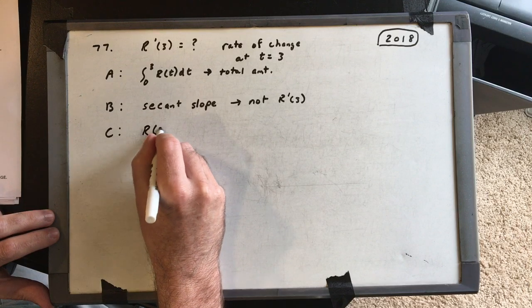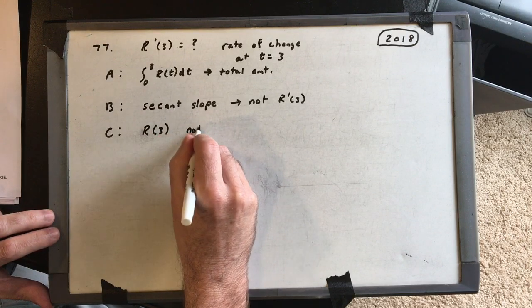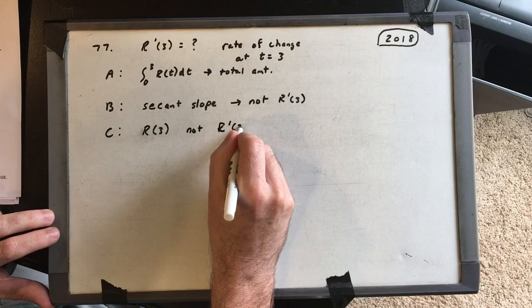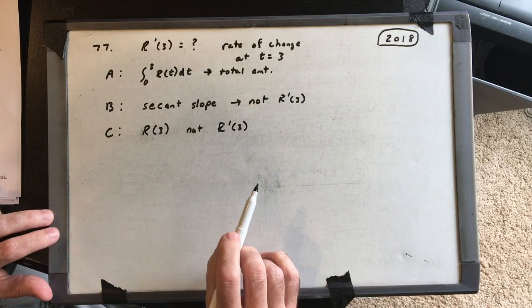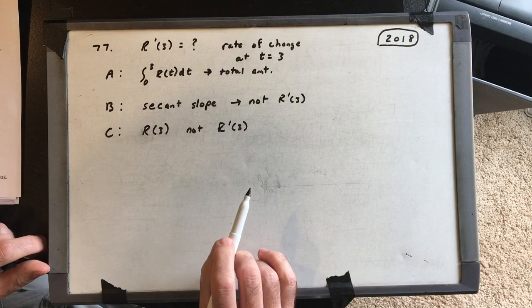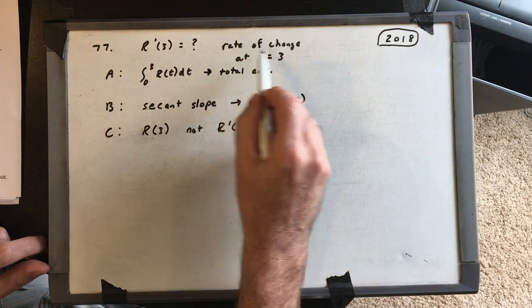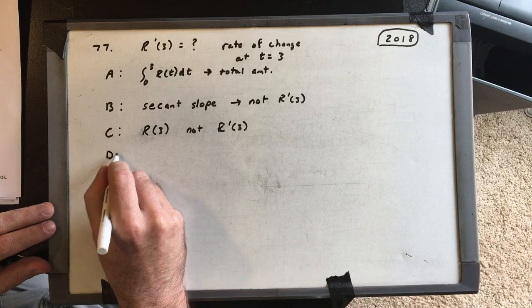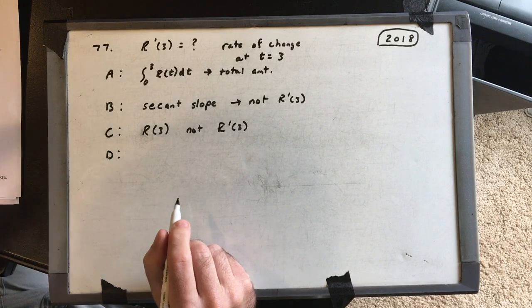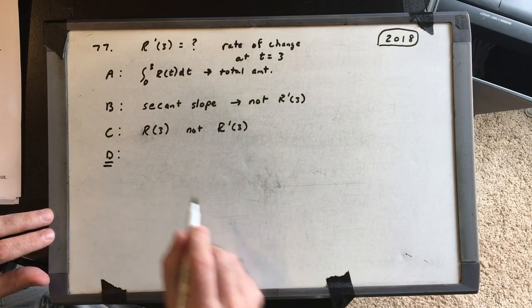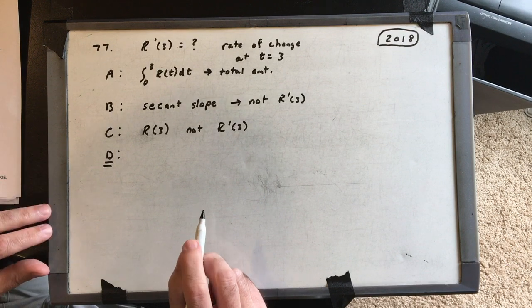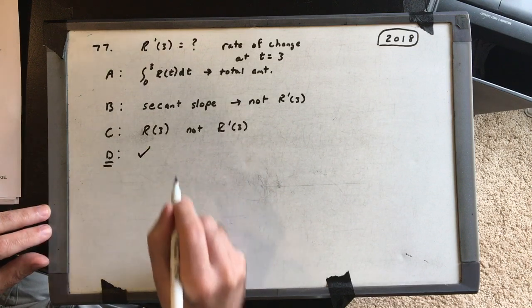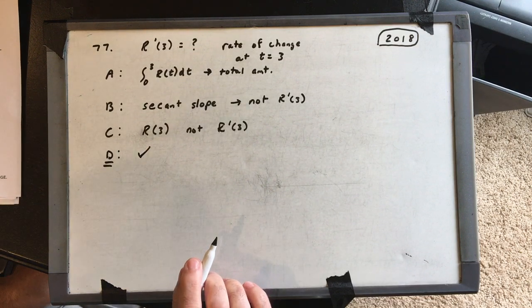So that would just be R of 3, not R prime of 3, because the function is the rate, not the rate of change of the rate. And so the answer is going to have to be D, the rate of change of the rate at which water leaks from the tank. So R prime of 3 is D.